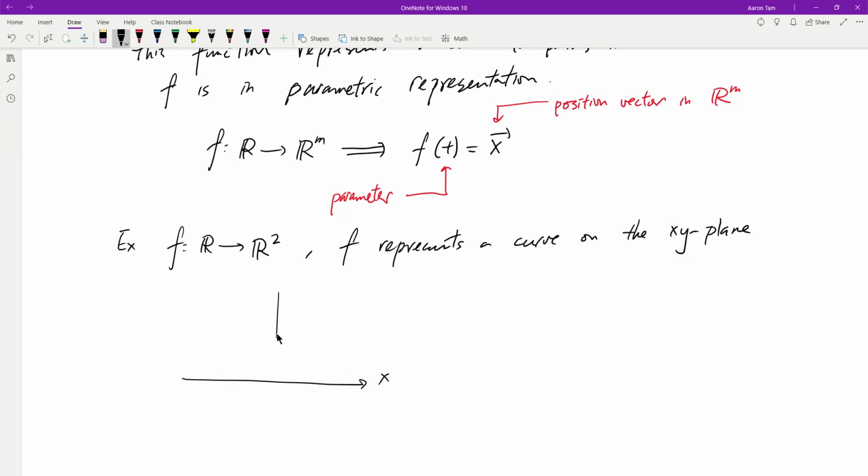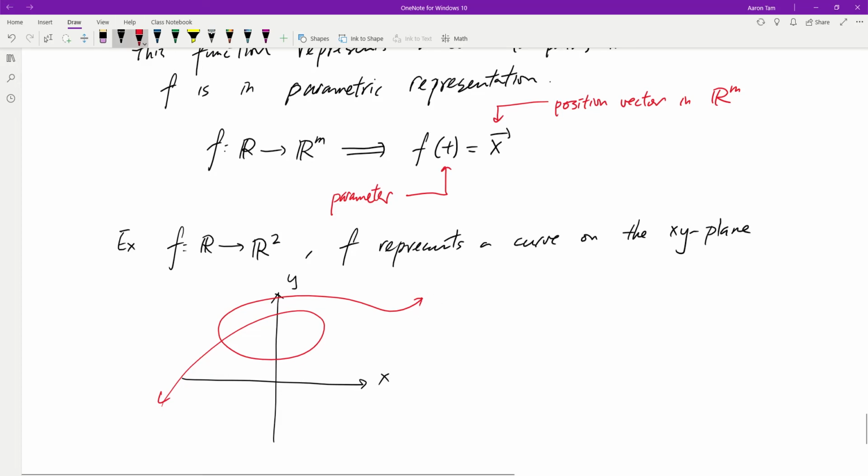So here's my xy plane. And then you could have a curve that looks something like this. And here would be our f of t equal to vector x, which in this case would be xy.